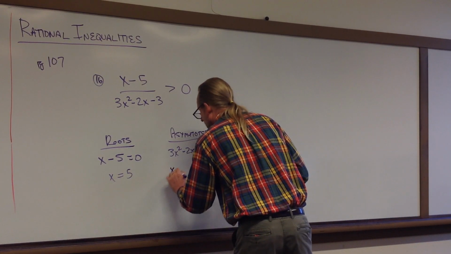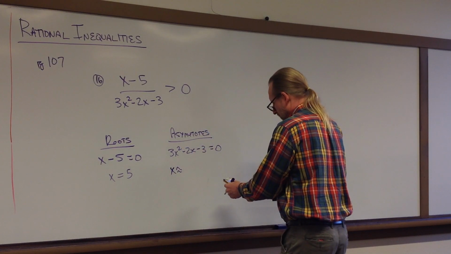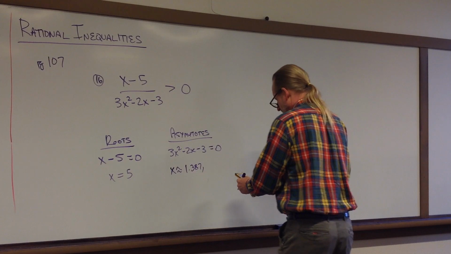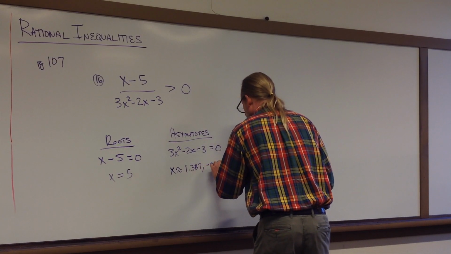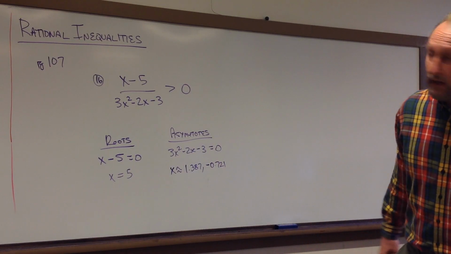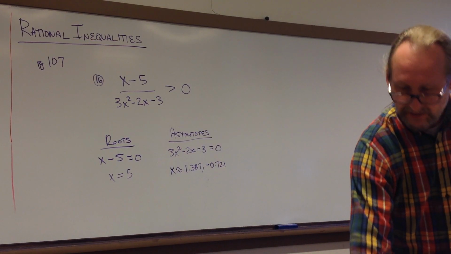And so we should see asymptotes at 1.387 and then -0.721. Okay. Oh, now we need to graph this.